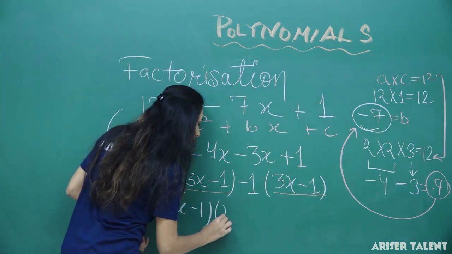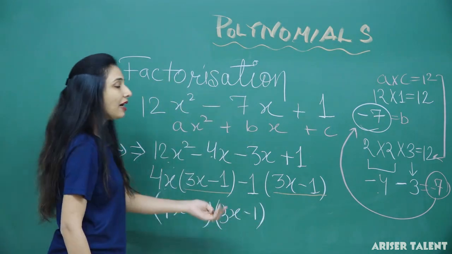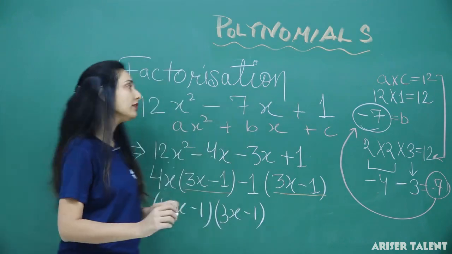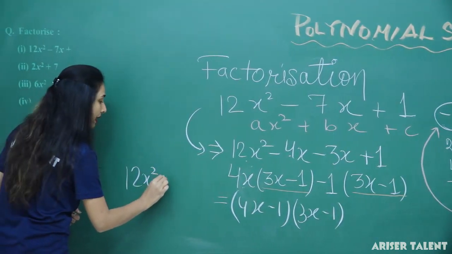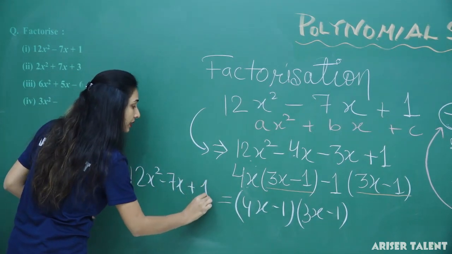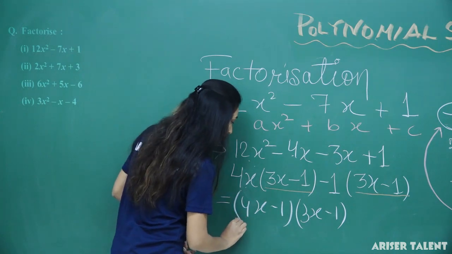So you can just write 3x − 1. Now something multiplied by something, we have factorized it, that is 12x² − 7x + 1 will become (3x − 1)(4x − 1).